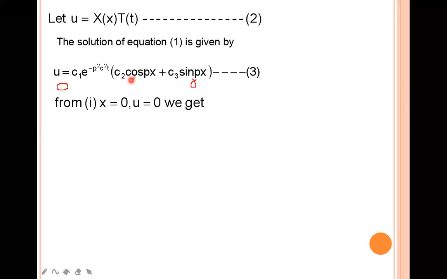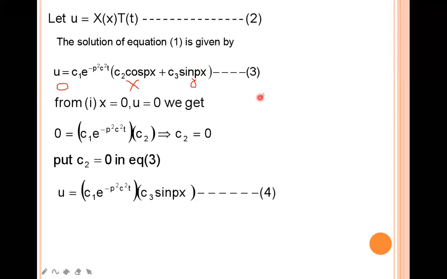Therefore 0 equal to c1 e raised to minus p square c square t into c2. From this we get c2 equal to 0. Now substitute c2 equal to 0 in equation 3, so this value is 0. Therefore we get u equal to c1 e raised to minus p square c square t into c3 sin px.